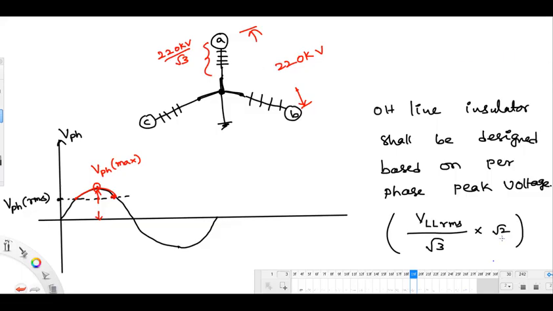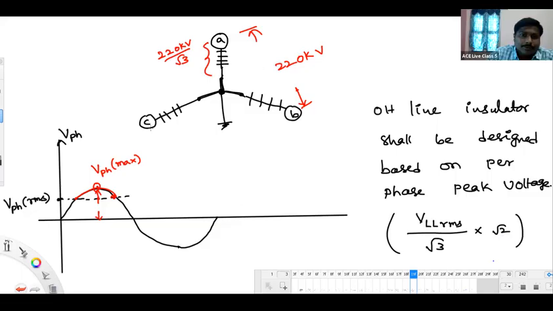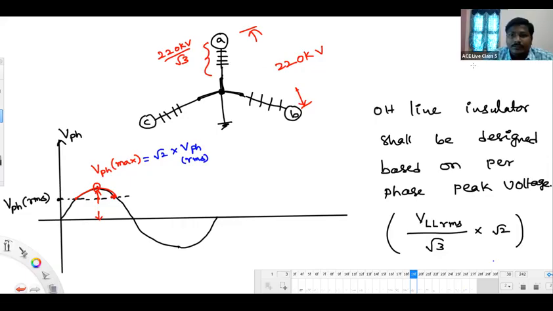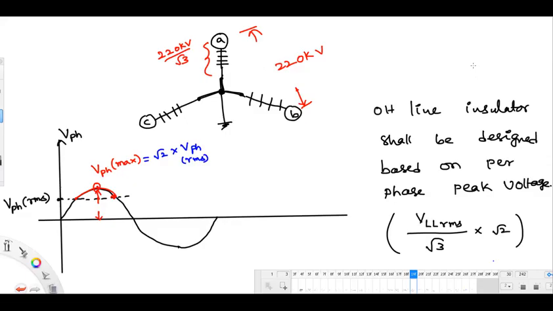That's a peak. If you want, you write here V phase maximum equals root 2 into V phase RMS, from the basic sinusoidal signal. Getting? Thank you, sir.